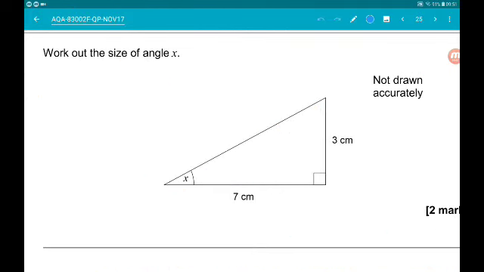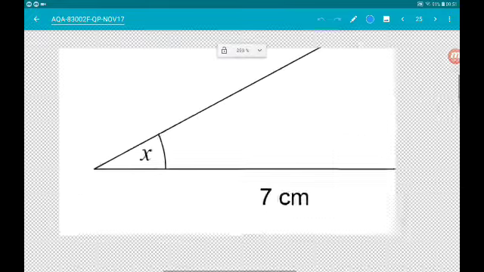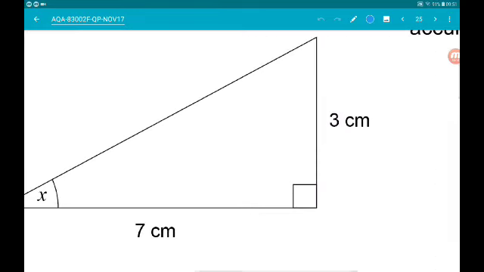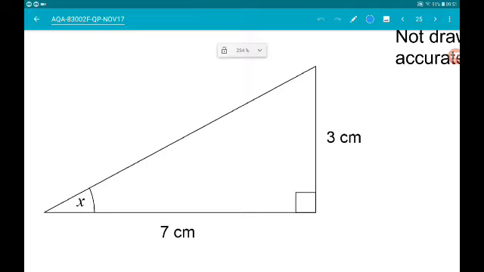Okay, question 29, the final question. Thank God, this one's gone on. We got a right angle triangle, we want to find the size of angle X. So, X is down here. We got 2 side lengths, 3 and 7. So this is trigonometry or SOH CAH TOA.